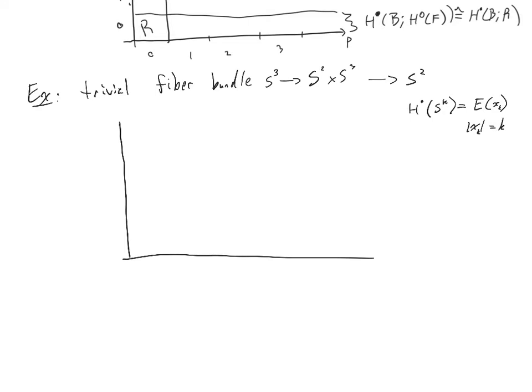So our E_2 page for the spectral sequence, recall that this is H^p of the base, so here of S^2, with coefficients in H^q, the cohomology of S^3, of the fiber.